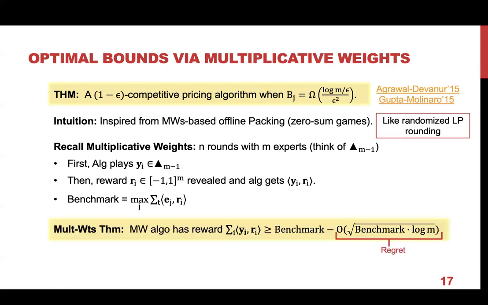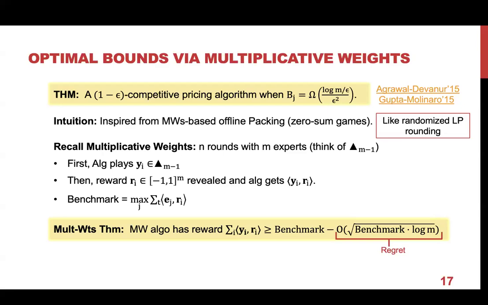But multiplicative weights is a classical algorithm which shows that even for this problem, with respect to this benchmark, you can get a sublinear regret. The regret, basically the difference from the benchmark, is of the order of square root of the benchmark.